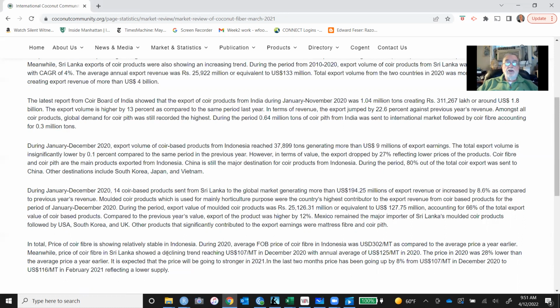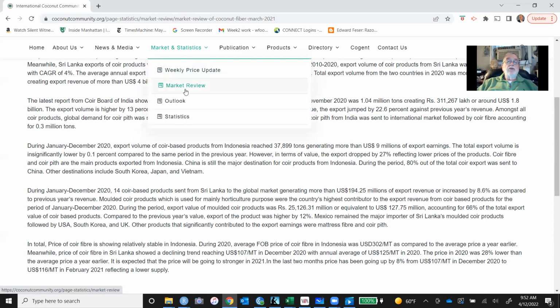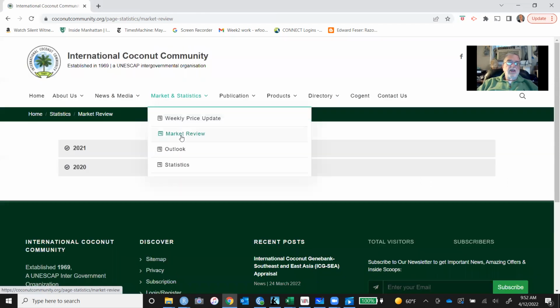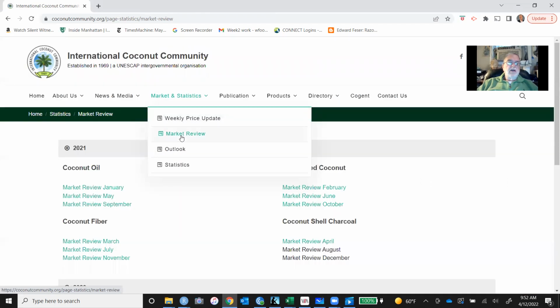Sri Lanka has a declining trend. Here's a price that's going down as low as $107 per metric ton. Indonesia has a high of roughly 302,000 per metric ton. So we can get some ideas from these market reviews to help us understand what is going on.